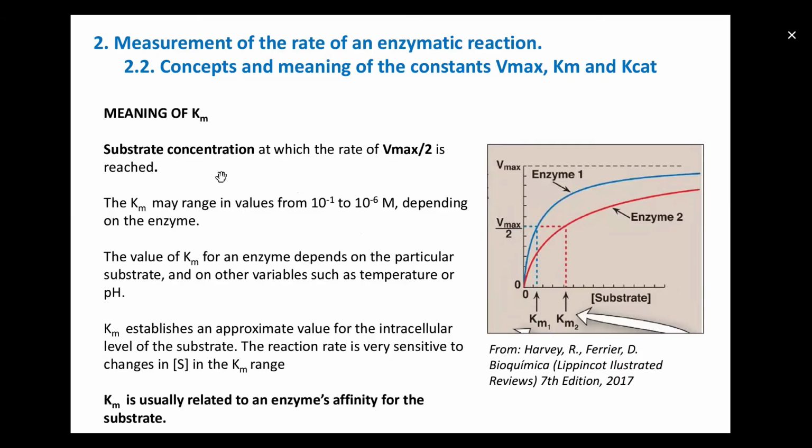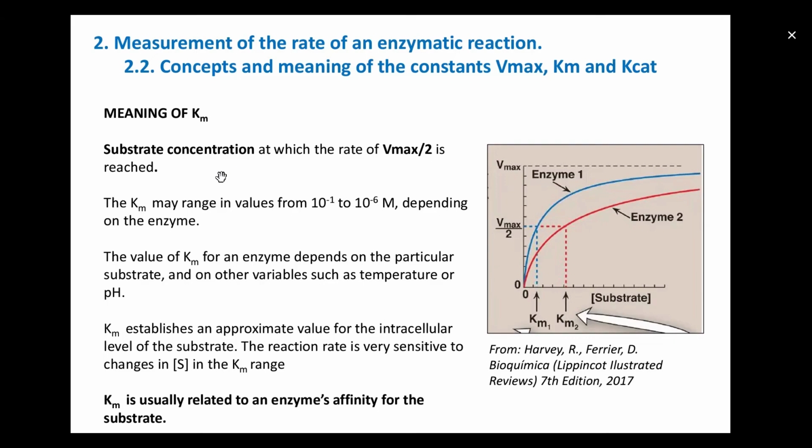The substrate concentration at which the rate of Vmax over 2 is reached, that is Km, and the Km might range in values from 10 power minus 1 to 10 power minus 6 molar, depending on the enzyme. The value of Km for an enzyme depends on a particular substrate and on other variables such as temperature and pH.